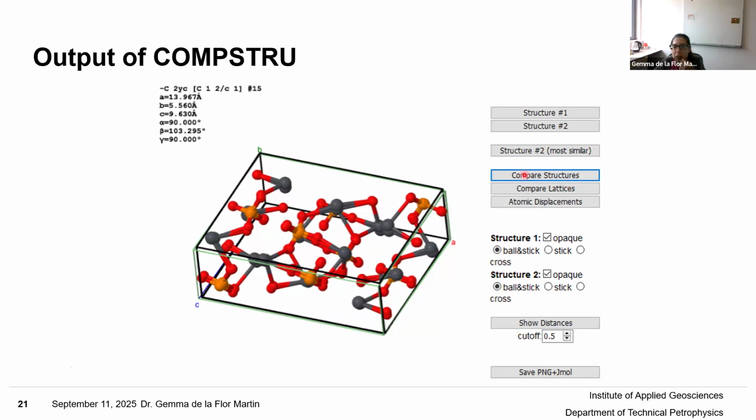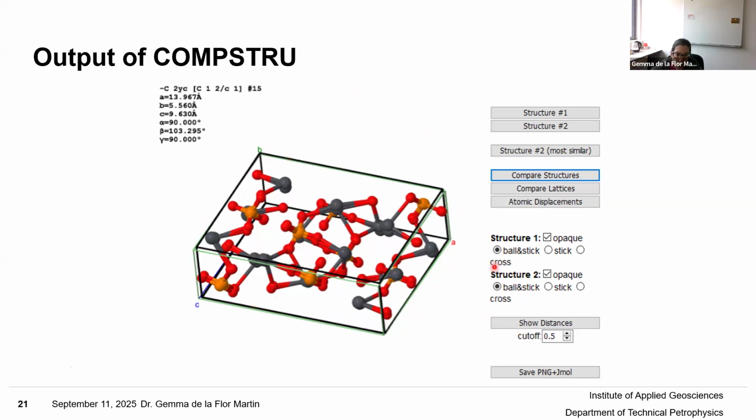And for example, if you click here on compare structure, the program will visualize together the reference structure with a more similar structure. And if you click on compare lattices, the program is going to simultaneously plot together your two input structures. So here we are giving another visualization tool to the users to try to interpret the results.